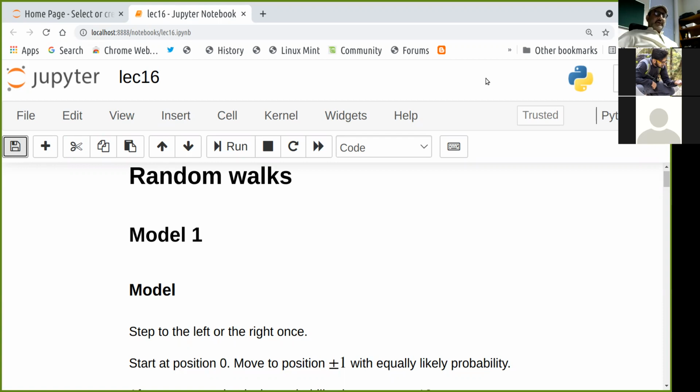All right, so one model, for example, for stock price is to say that you start at some point and then you have an equal probability that it can move up or down by a certain amount. And then you track the evolution of that price. That's an example of a random walk. Another example would be Brownian motion.